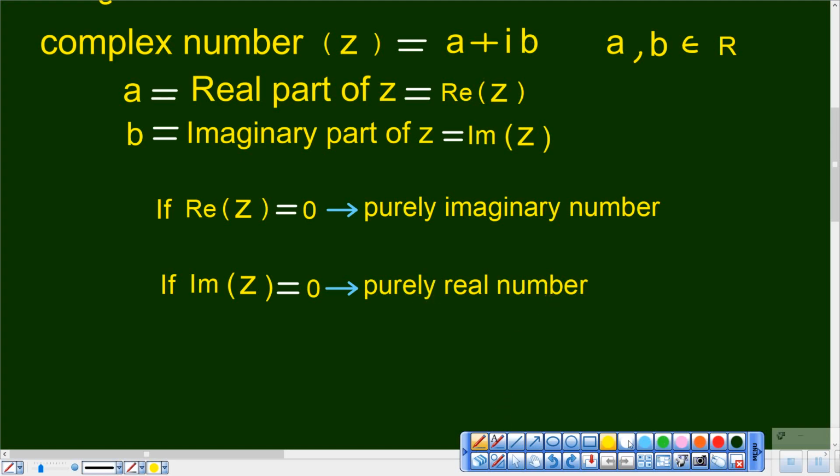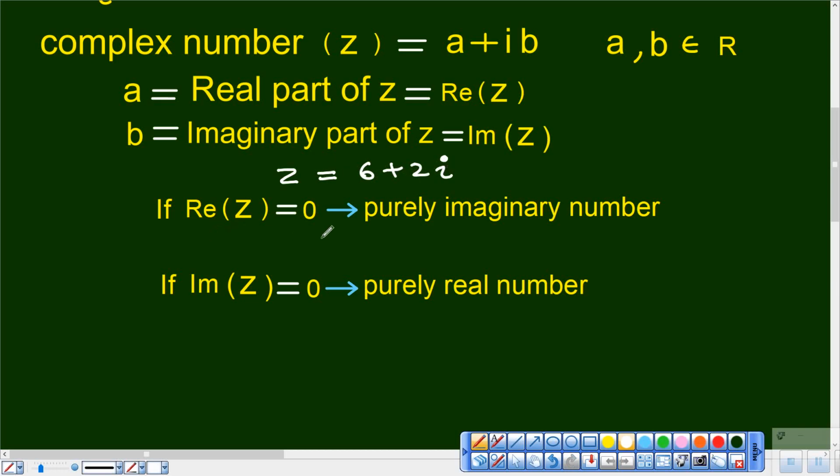If I take illustrations in each case, then any complex number, let's say, can be written as 6 plus 2i. In general, you can see that 6 is the real part and 2 is the imaginary part. And these two real numbers, 6 and 2, are clubbed together with I, so this forms a complex number.